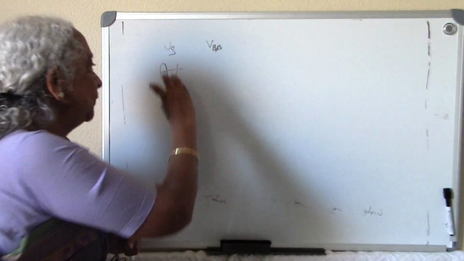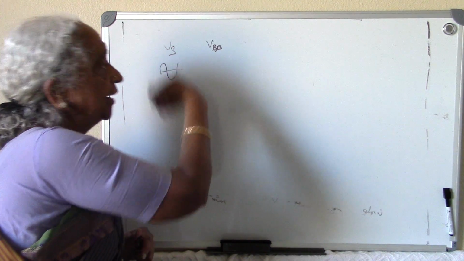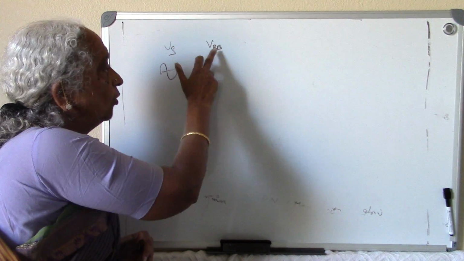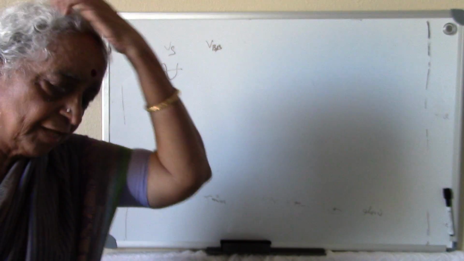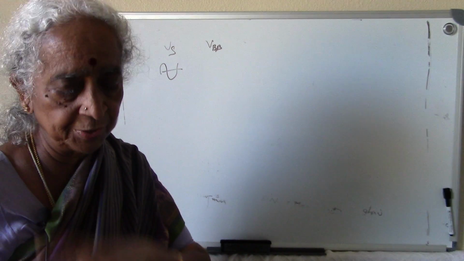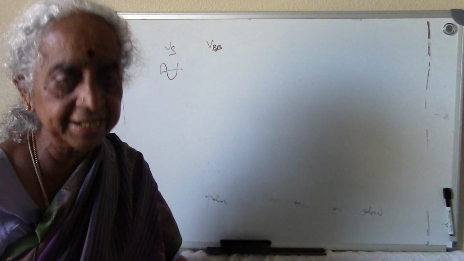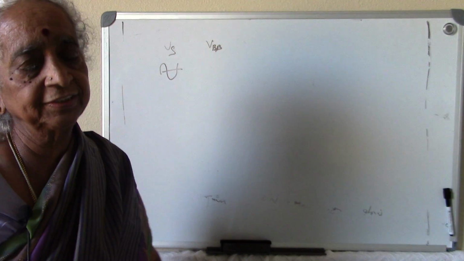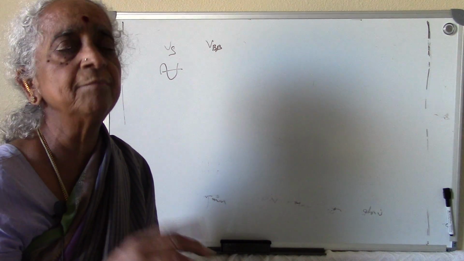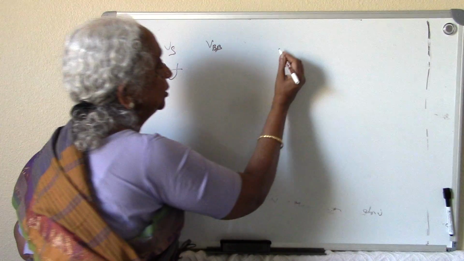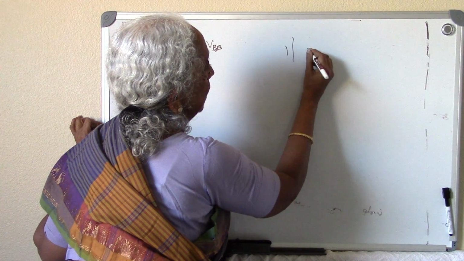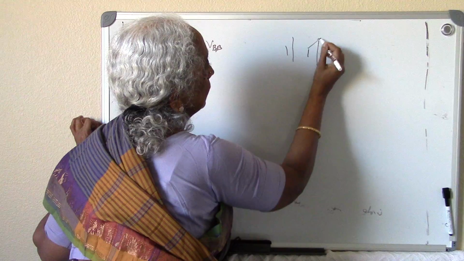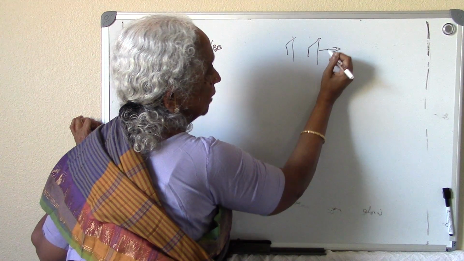So you have to superimpose this small variation over this VBB, so that the input either becomes VBB plus the varying voltage of the signal, or it will be VBB minus, because supposing you have two batteries like this, this is positive half.